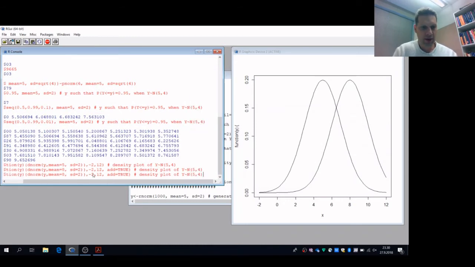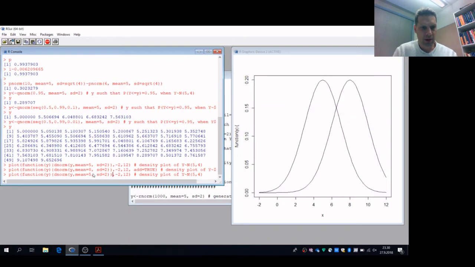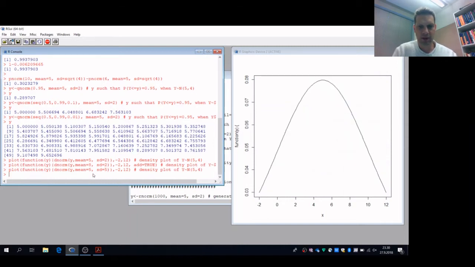And on the other hand, let's just say we have a population mean 5, but the standard deviation is 5.